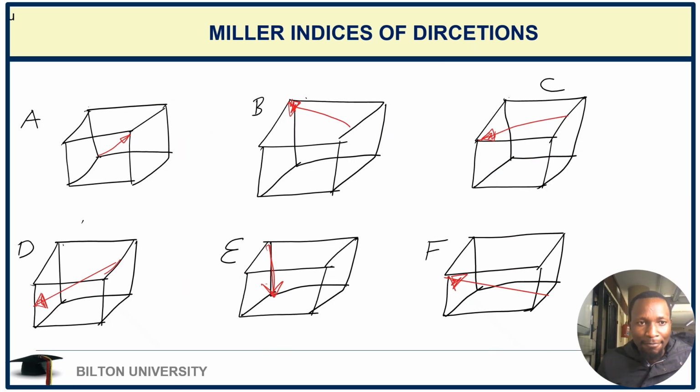So for example, let's look at A. I've already drawn them for the sake of time and showed the directions. Let's assume that in this case we have our origin and we have the tip. This thing is moving from this point, so we choose this as our origin, and then it moves towards the tip.